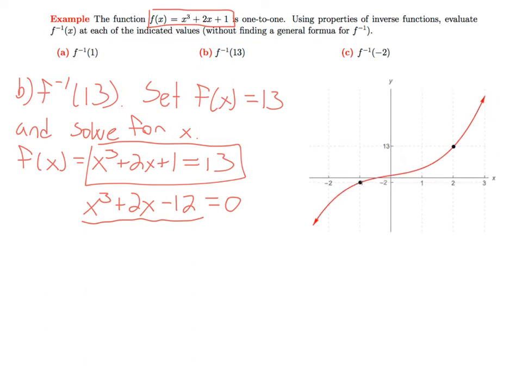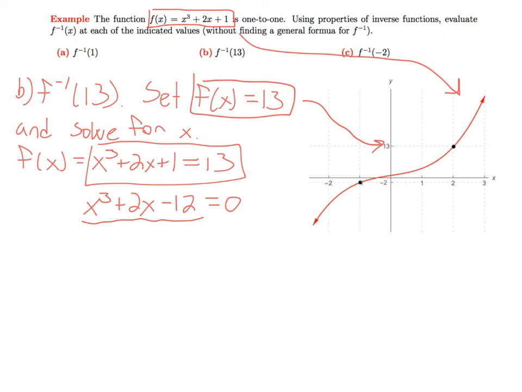What we're looking at again is the graph of this function f of x, not the inverse, but f. And what I want to do is solve the equation: when is f of x equal to 13? So here is the value 13. For what value of x do I input into f that gives me an output of 13?